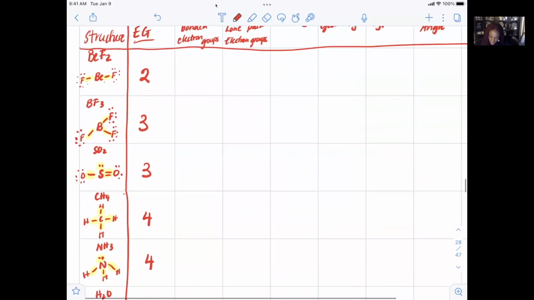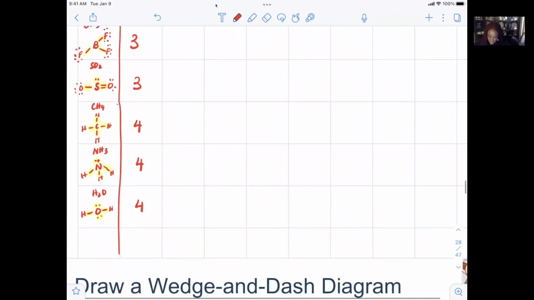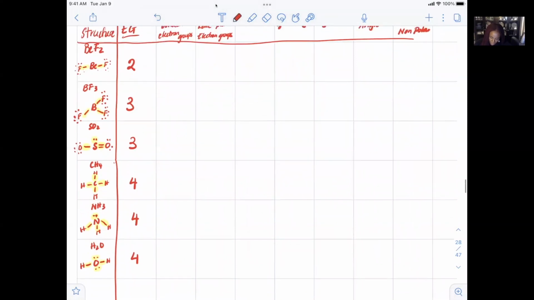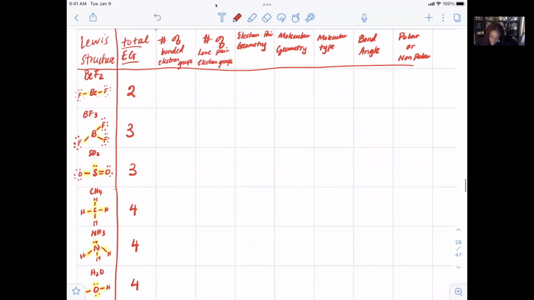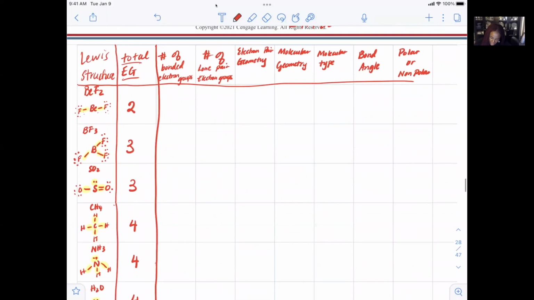So if you look at the order here, I have 2, 3, 3, 4, 4. In 1405, we're only doing up to 4 electron groups, but in the majors class, it goes all the way to 6 electron groups.